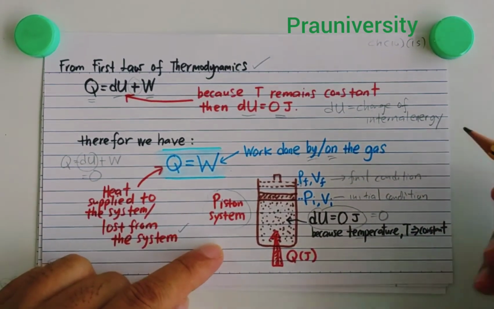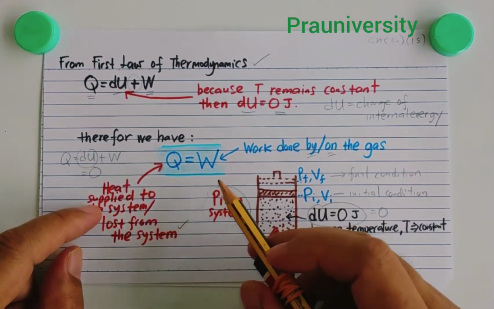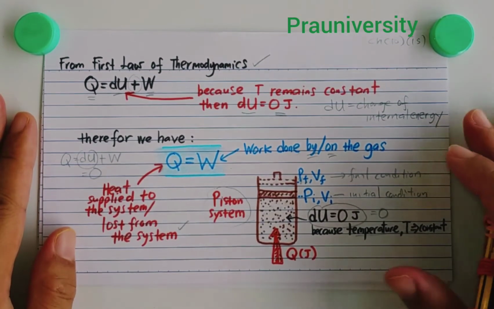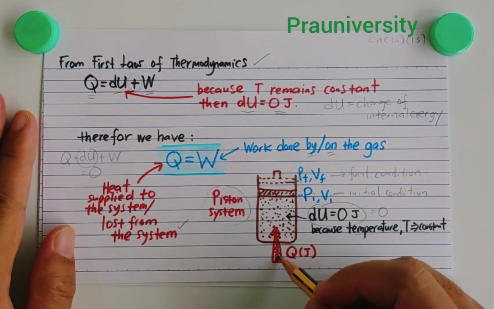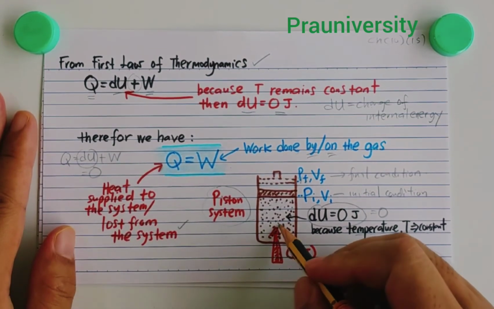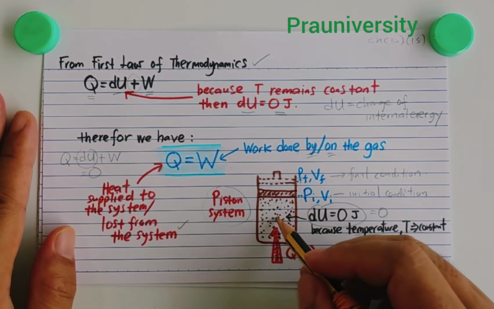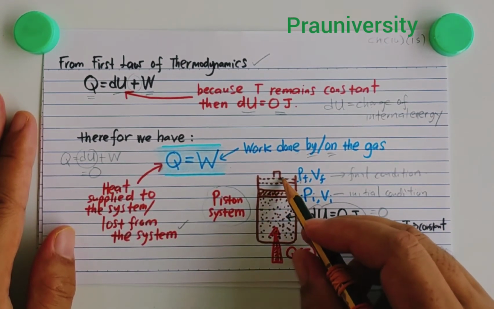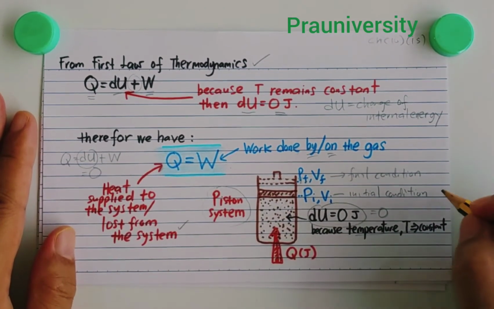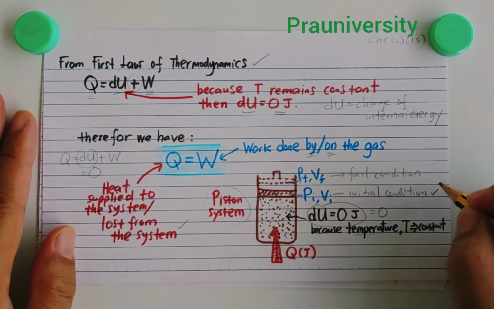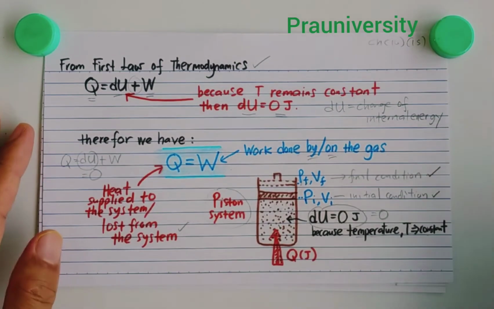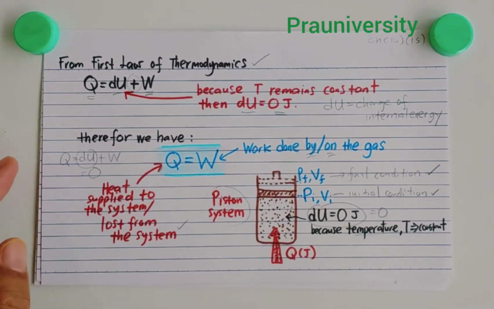So very clear. I repeat, the heat is supplied to the gas, and the gas only does work. Because the gas does work, the piston system starts to expand. So we have two conditions here: the initial condition, and then it moves to the final condition.